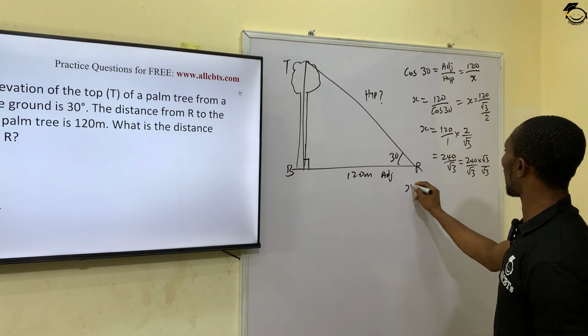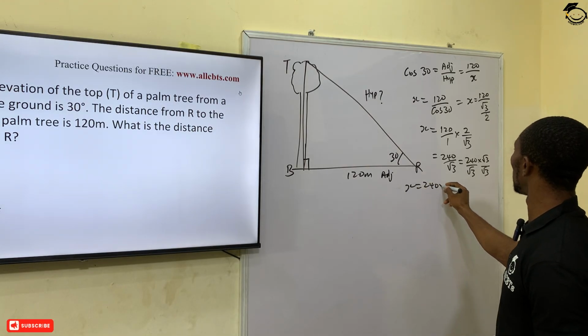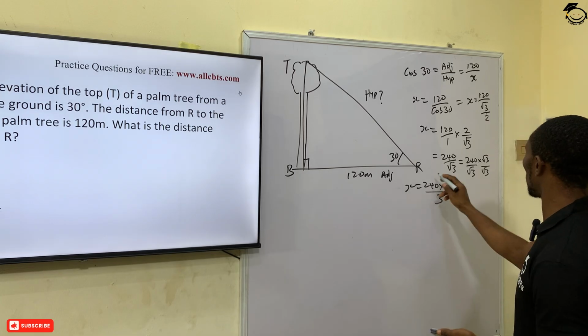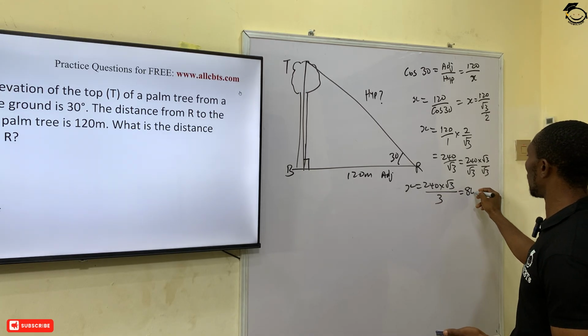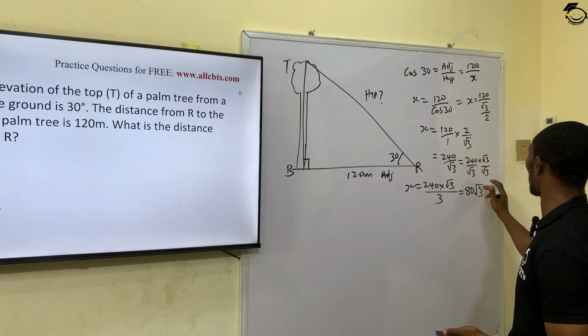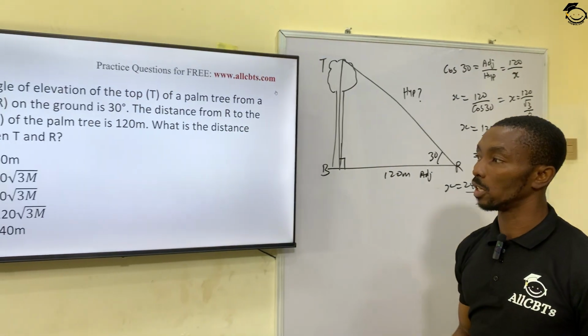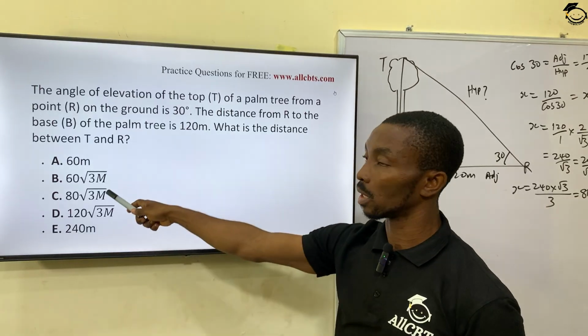Multiplying this out, our x will become 240 times root 3 all over 3. So 240 divided by 3 will give us 80 root 3 meters. So our answer would be 80 root 3 meters.